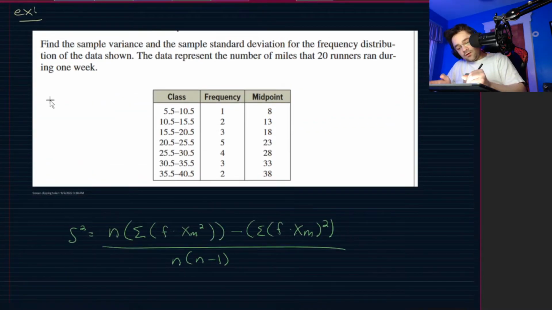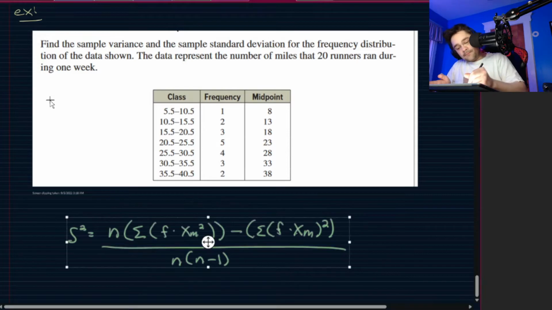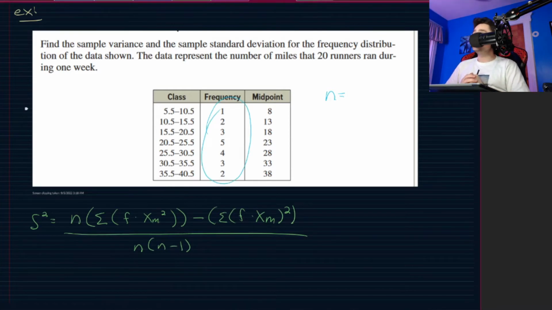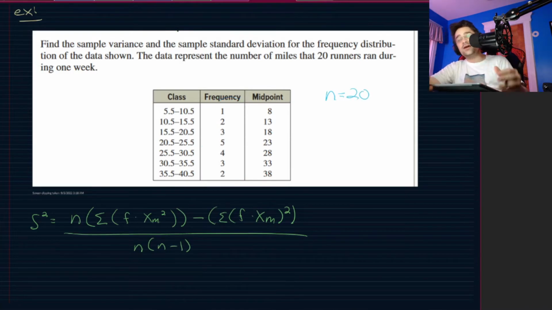Okay, so what are we going to want in our column? Well, let's pick out everything. So what's n in this case? Remember, n is the sum of the frequencies, so I've got to add these up. Let's see, that'd be 3, 6, 11, 15, 18, 20. Yeah, and it also says that there's 20 runners, so that checks out. So our n is 20. So we know n minus 1.